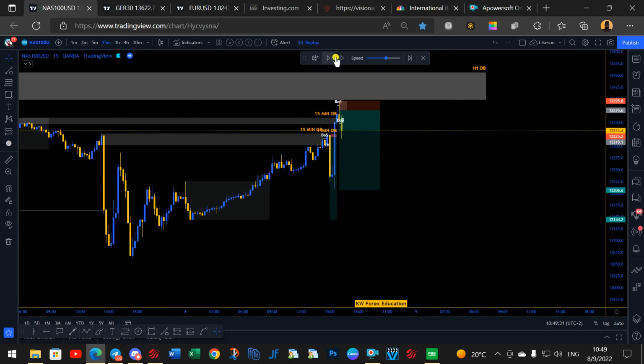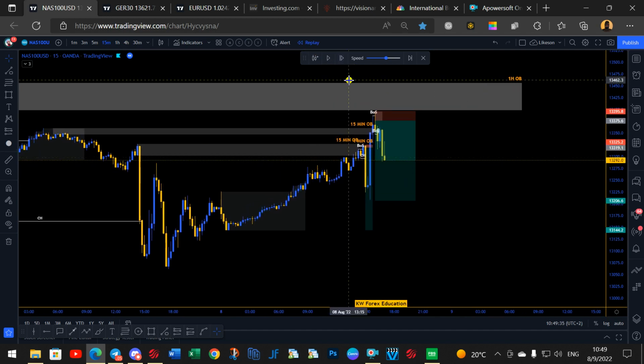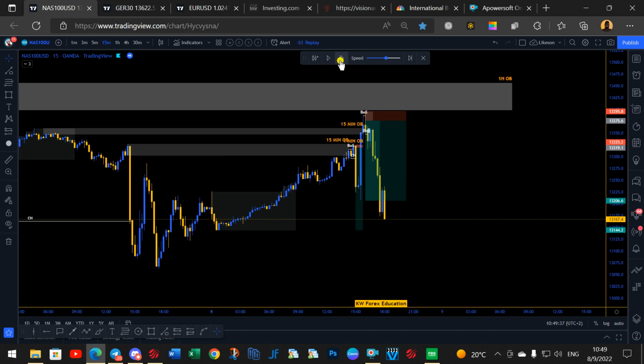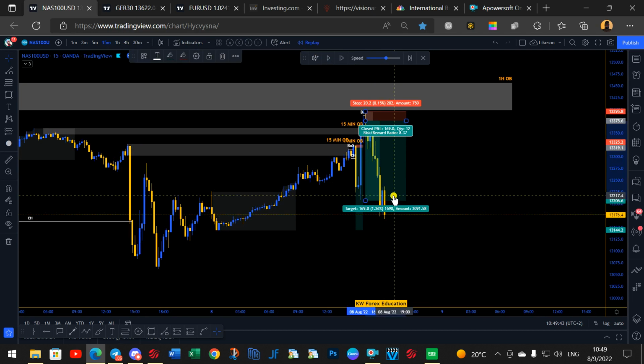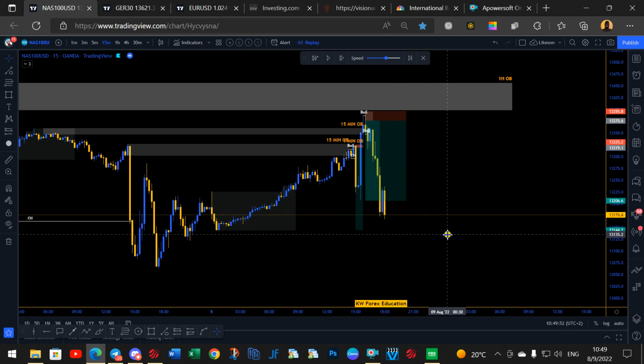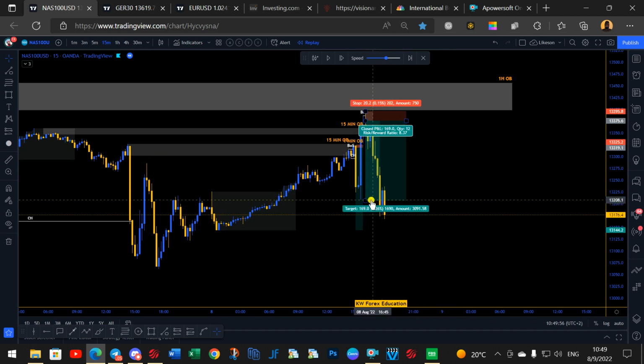That's the one I targeted. And that's how I won this trade, 1 to 8.